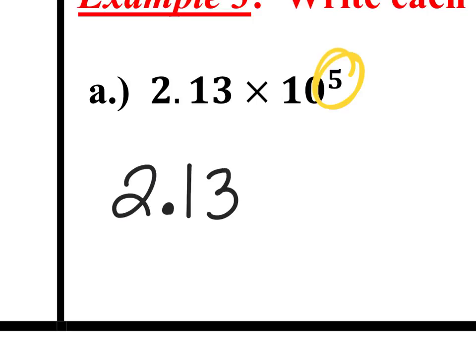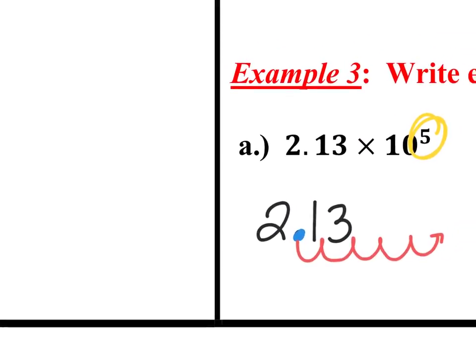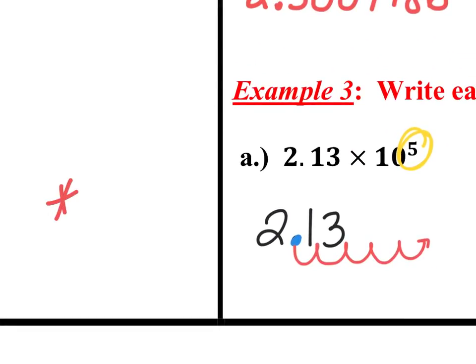So we start here, in between 2 and 1, and 5 times to the right. And you should probably show the little valleys. This is how you don't make mistakes. 1, 2, 3, 4, 5 to the right. And then make a little note out to the side maybe to fill the empty spots with zeros.